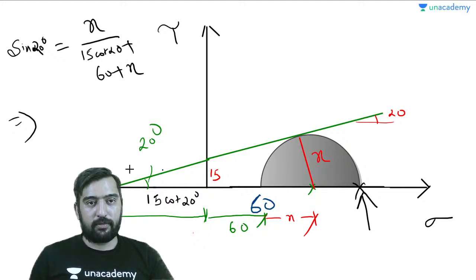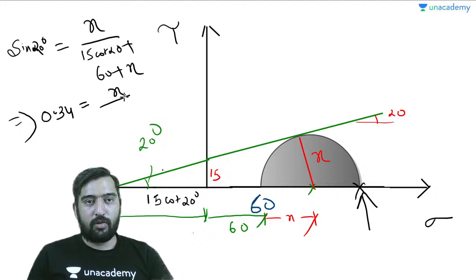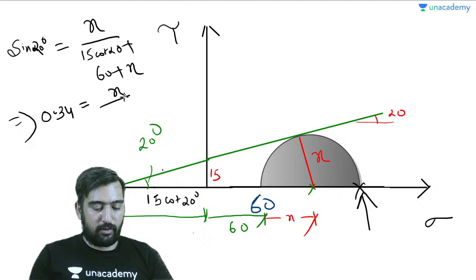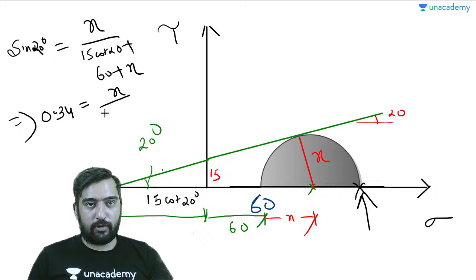Sine 20 is 0.34, which is equal to x over 15 cot 20 plus 60 plus x. 15 cot 20 is 41, and 41 and 60 make 101.21 plus x.